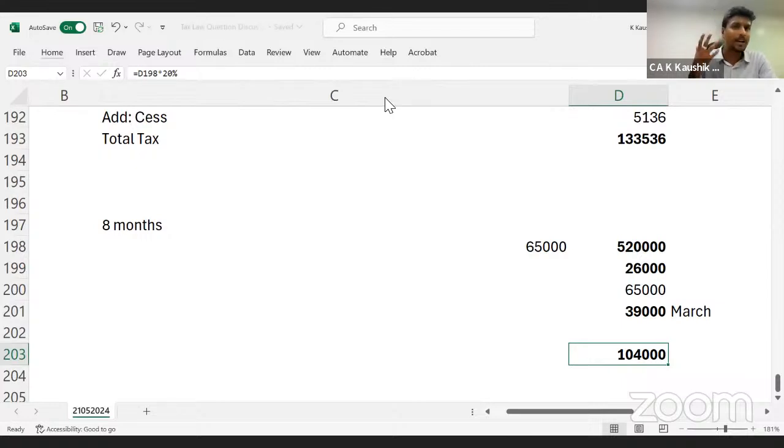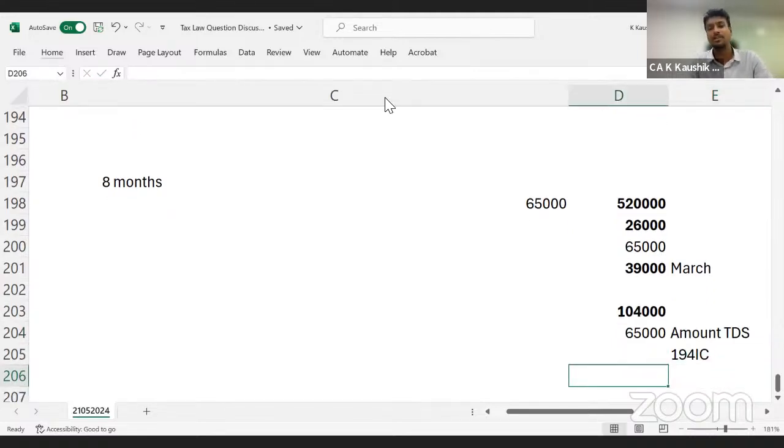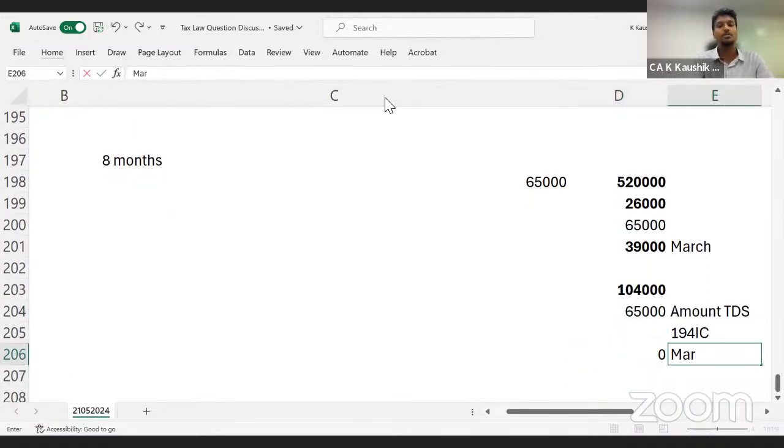That is what you are paying in March. How can you deduct 1,04,000? So the provision says the maximum that you can deduct is the last month's rent. So 65,000 will become the amount of TDS under section 194IB. And what you pay for the March month is 0 to the landlord. So the March month rent that you pay to the landlord is 0. Yes, so quickly you can see the solution here.